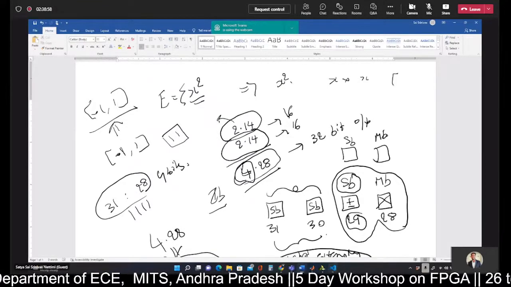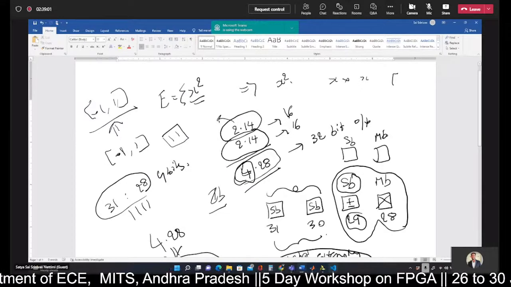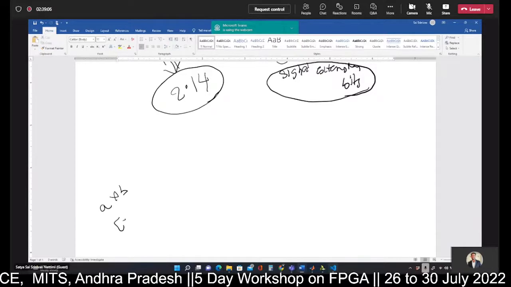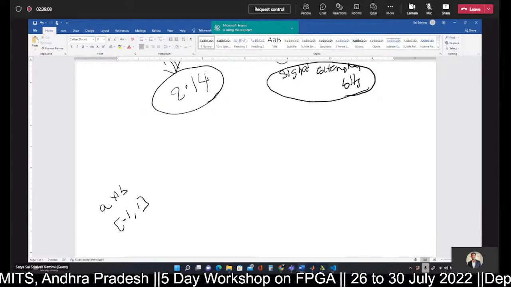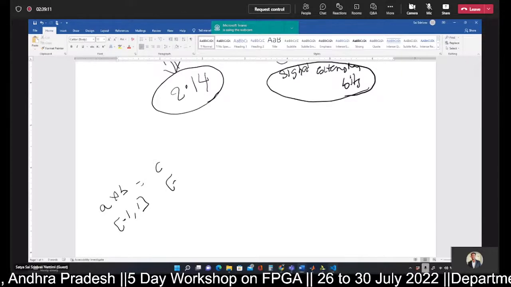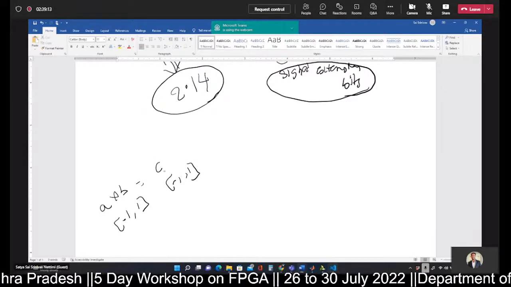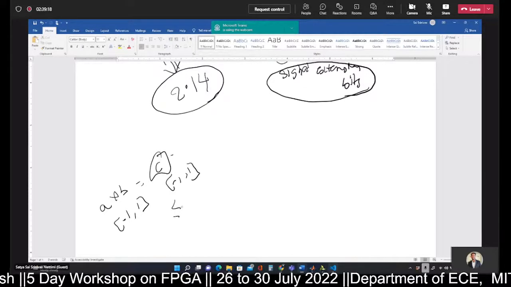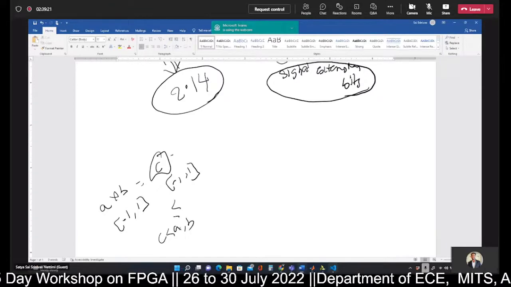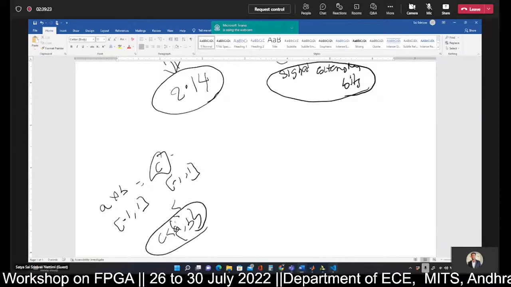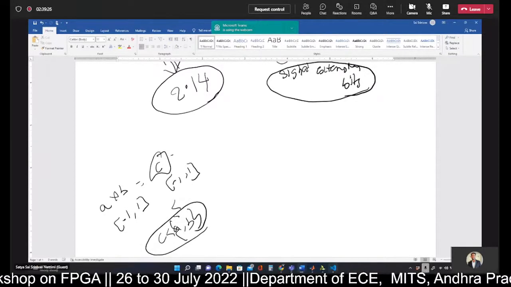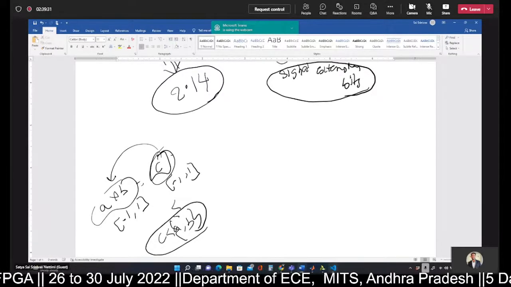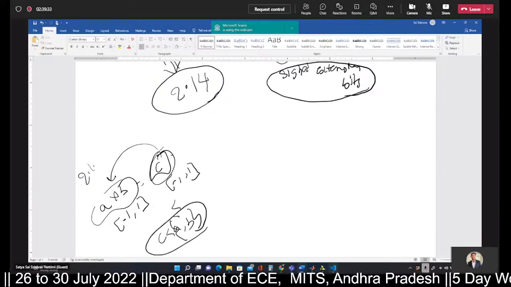When you're multiplying A into B, where A and B are between -1 to 1, then the resultant, that is C, is also in the range -1 to 1, and this resultant will be far less than A and B. If you observe, the resultant is less than A and B. So this resultant can also be represented in the same representation as A and B, that is 2.14.